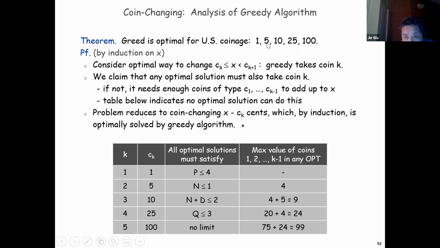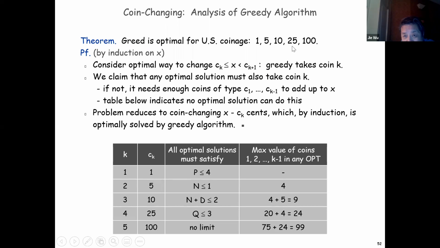From 1, 5, 10, 25, 100, or this number can go on and on. The key is that you give an induction assumption. You say that for a particular k, all the numbers before k are optimal already. So all you need to do is say what happens if a number is between the denomination c_k but less than c_k plus 1.